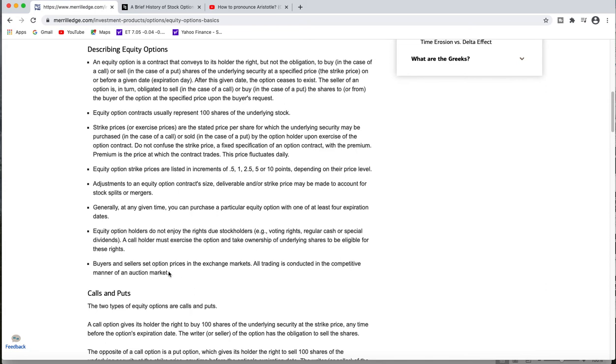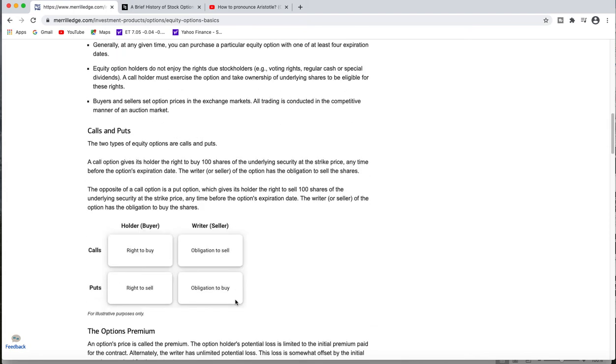Buyers and sellers set option prices in the exchange markets. All trading is conducted in a competitive manner of an auction market. So the prices go up and down. You'll see that when we're trading, the prices go up and down when we're trying to get a certain price or a certain type of premium.